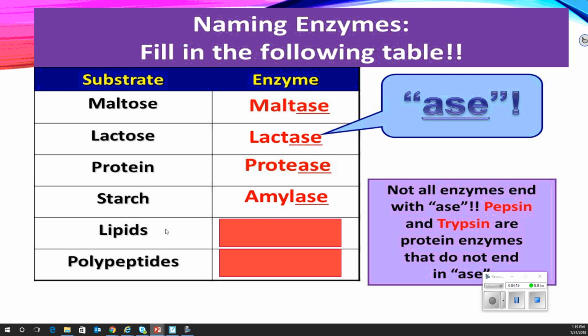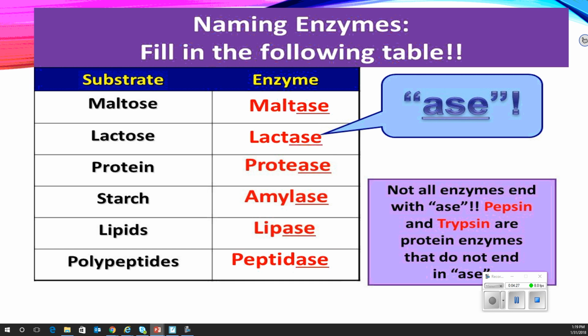Okay, lipids, lipase. Polypeptides. Remember we also have pepsin and trypsin that don't have the ASE, so there are some that we just have to know. Some of them are easy to get the enzyme, but some are not so easy, so you need to know what they are.